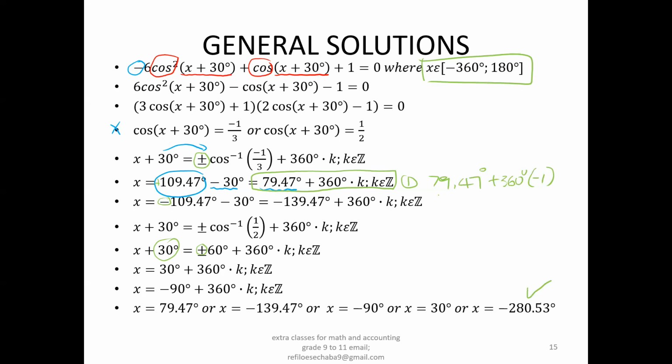What if where there's k I substitute 0? What will I have? I'd have 79.47, which is this solution here. Do you agree? Yes. For my second solution, what can I substitute into k to get an angle that is between negative 360 and 180?